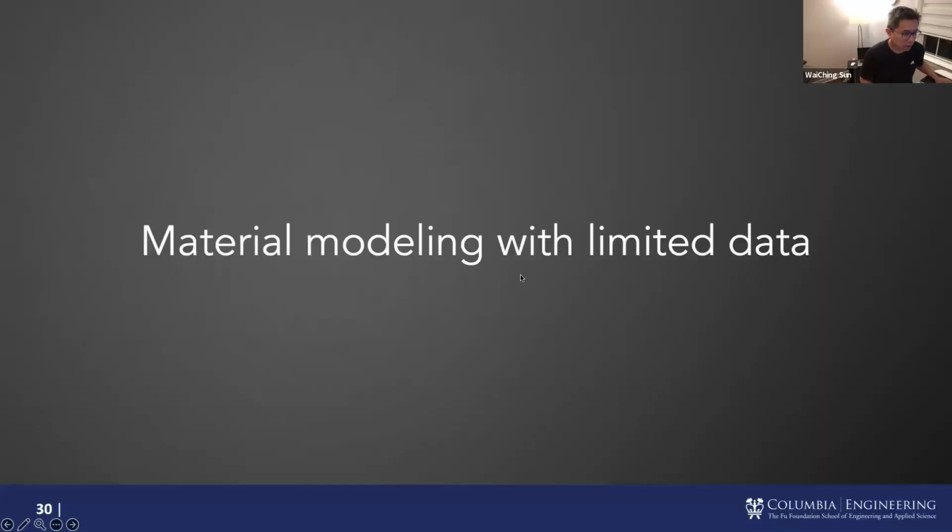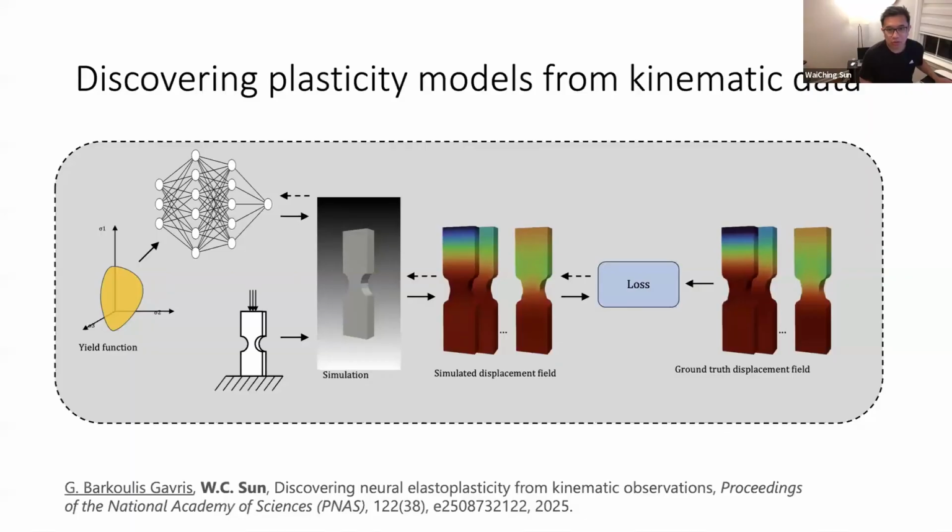I also want to motivate a little bit why we are doing that. The interest actually comes from another research recently published in PNAS. That research uses differentiable simulations to recover the constitutive law.